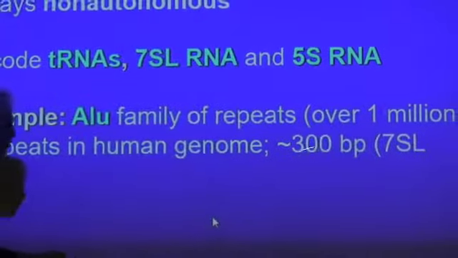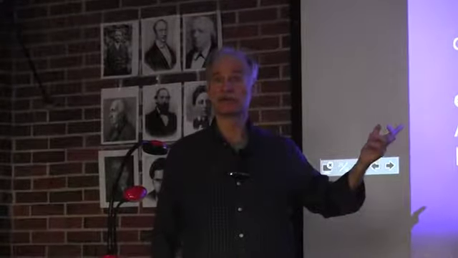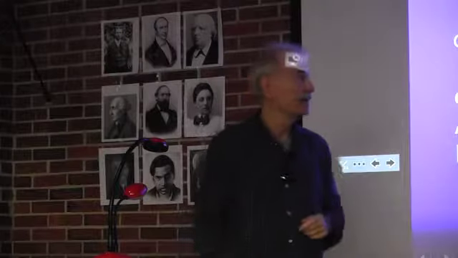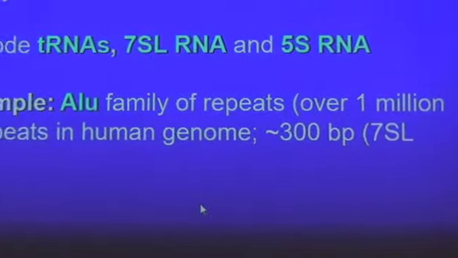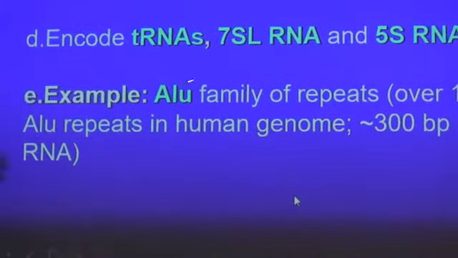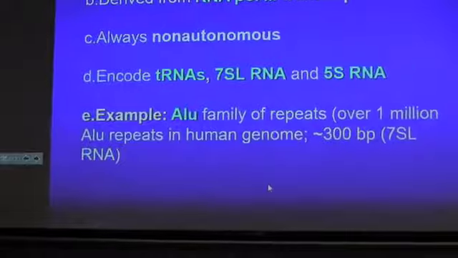Let's look at what, see, it's about 300 base pairs. That's not enough to code for a normal protein, and it doesn't encode a protein. It encodes nothing, and yet it's mobile and it jumps. It appears to have some homology and perhaps derived from the 7SL RNA. It is mobilized when it does move by a LINE, perhaps L1.